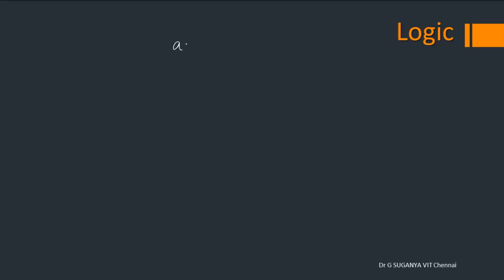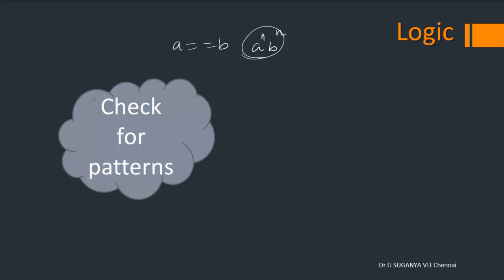Let's say you are writing a equal to b, that is the language a power n b power n. Similarly, some relational operations are being checked. That is what we call checking for patterns. This is possible with finite automata, pushdown automata, and Turing machine.